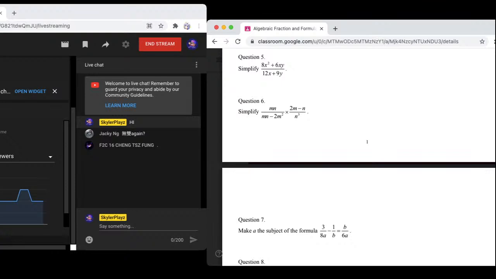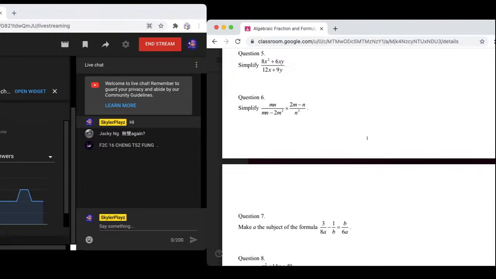Second fraction, 2m minus n divided by n. 2m minus n cancel, m cancel, n change the power to 2, so negative 1 over n squared. That's our answer.